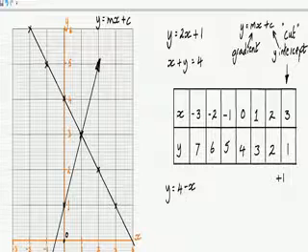Now we can see that the x here is minus, and we can see that going left to right, this line is going downhill. So if an equation has a positive x, then the line will go uphill.